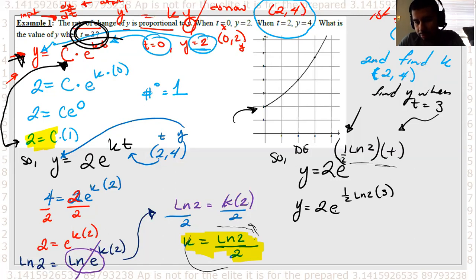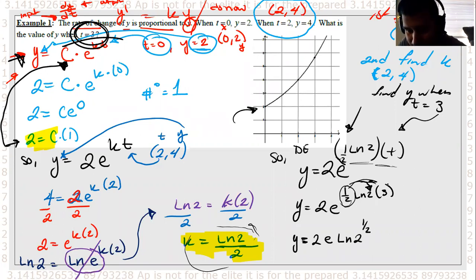I just want to go ahead and simplify the best I can. Right here, this ln and this e, that's not going to cost a lot to do, right? So this is the same thing as saying y equals 2e, and I'm going to modify this 1/2 to be the exponent of just the 2. So it's going to be ln of 2^(1/2).